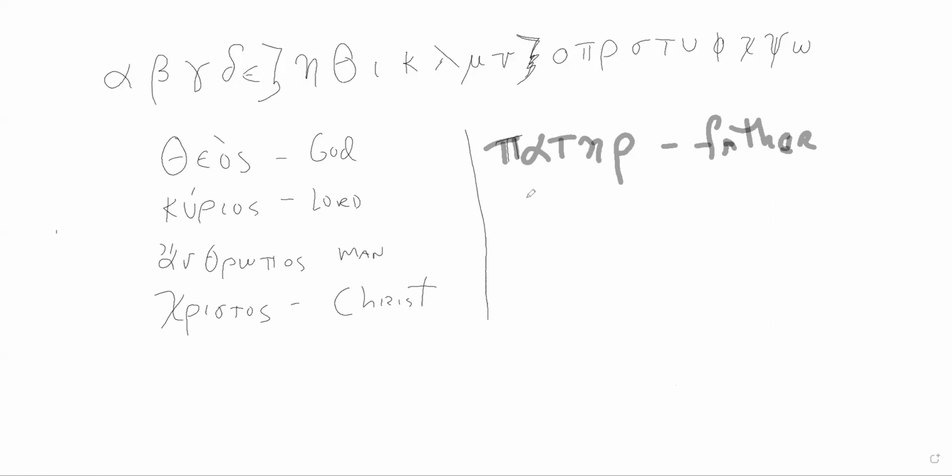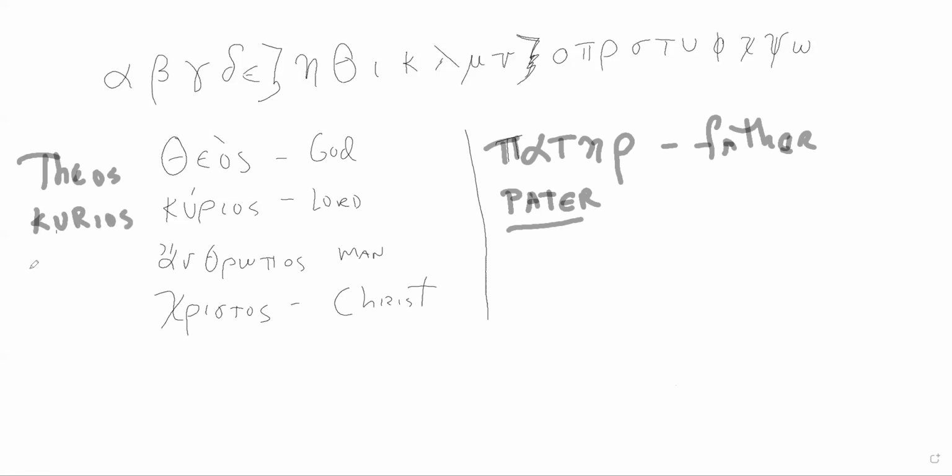Okay. The only thing, if we were to transliterate this word, and transliterating would be P-A-T-E-R. That would be the transliteration. I guess maybe I should go back and do some transliterations of all these words. This is theta, which is T-H-E-O-S, theos. Kurios is K-U-R-I-O-S.